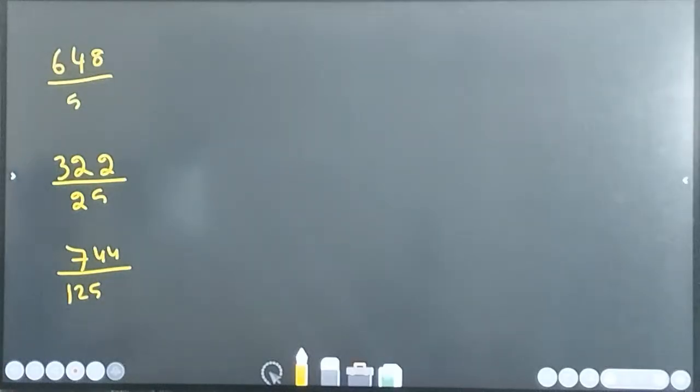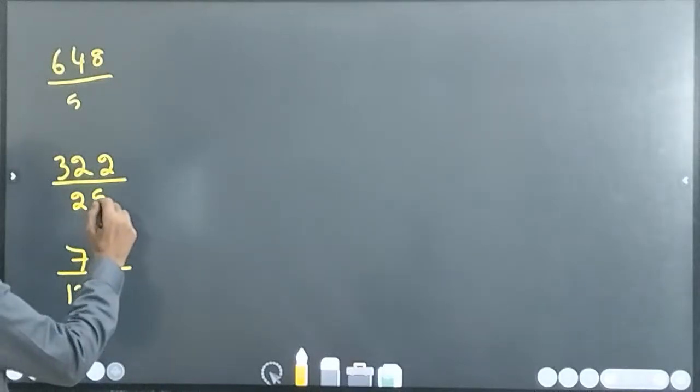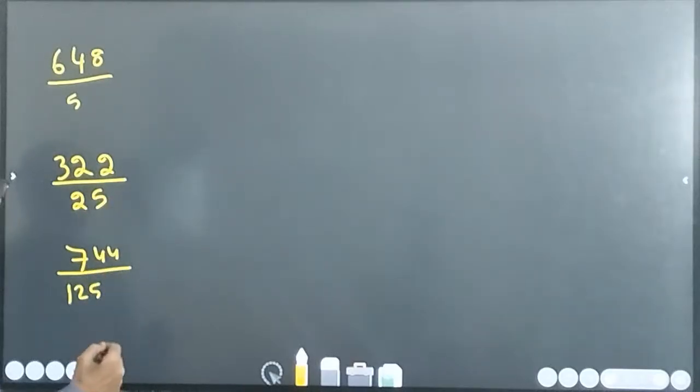How I can do it easily? Suppose options are in decimals. You know that 648 cannot be divided by 5, 322 cannot be divided by 25 without remainders. I can divide, but we will get remainder.